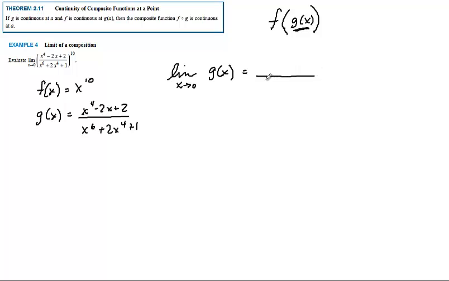It appears this is a rational function, and I can just plug in that value 0 due to my theorem on rational functions and limits. So 0 to the fourth minus 2 times 0 plus 2 over 0 to the sixth plus 2 times 0 to the fourth plus 1 will yield 2 over 1, so that would equal 2.